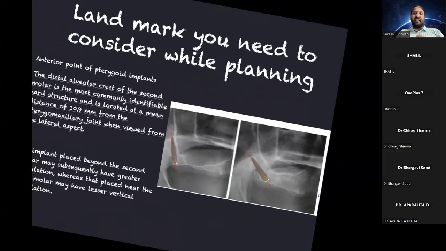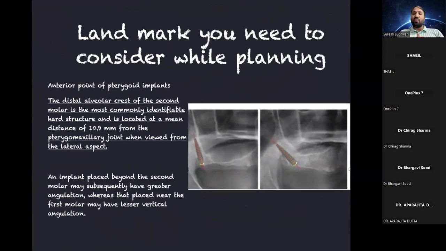Now, is there any other landmark which we need to consider while planning the pterygoid implants? Is there anything which can help us in planning pterygoid implants? I want you to remember two different things over here. First, the important thing is the distal lining of the maxillary sinus.